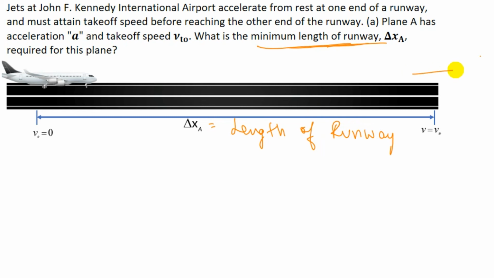Now this direction we are taking to be positive, which is the direction of motion. Since acceleration is constant, we can use this equation: v square equals v naught square plus 2 times a times delta x. In this particular case, the initial velocity v naught is 0 because it accelerates from rest.